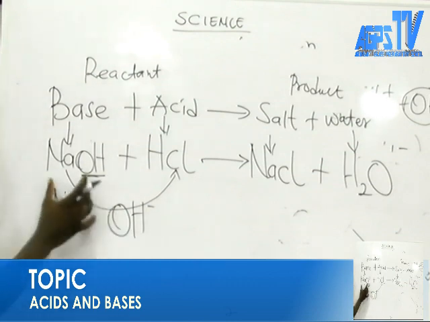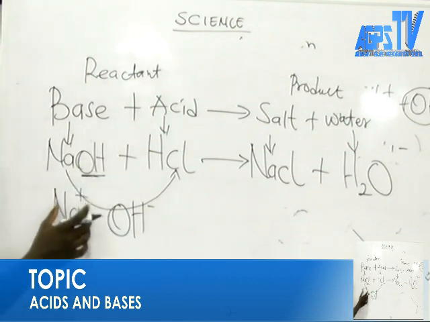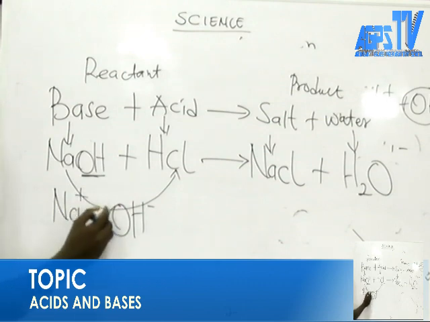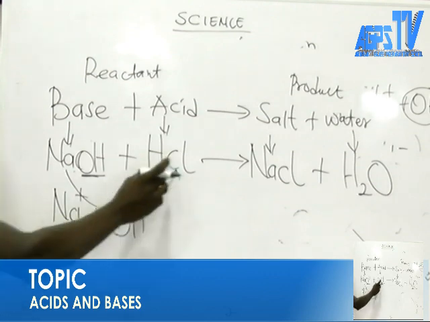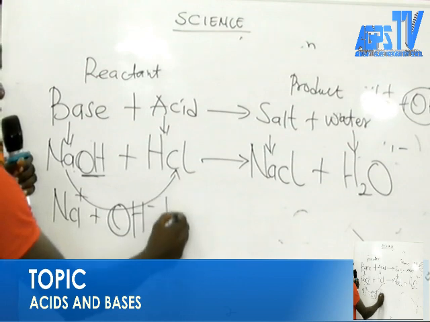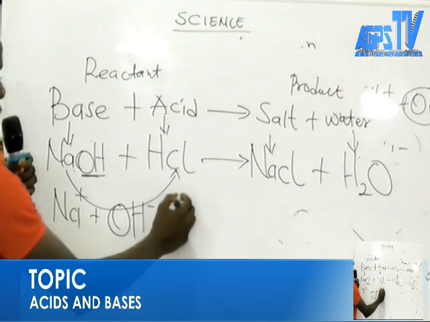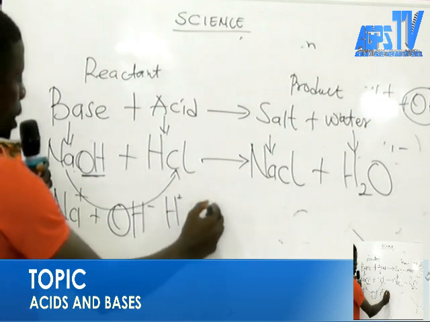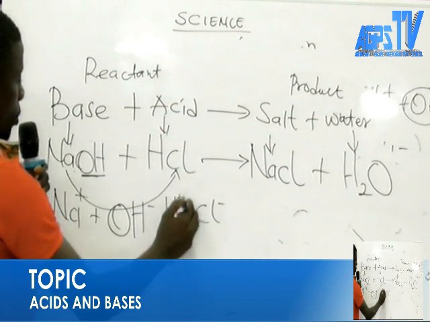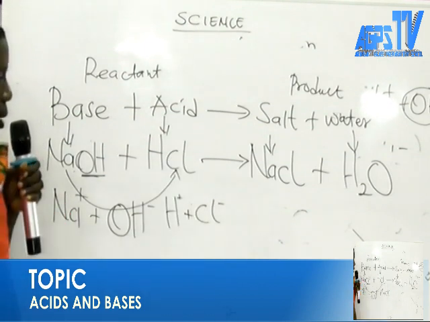They come together to form this compound, sodium hydroxide. The same thing applies to this one. We have H being positive here, and we have Cl negative. So they combine to form hydrochloric acid.